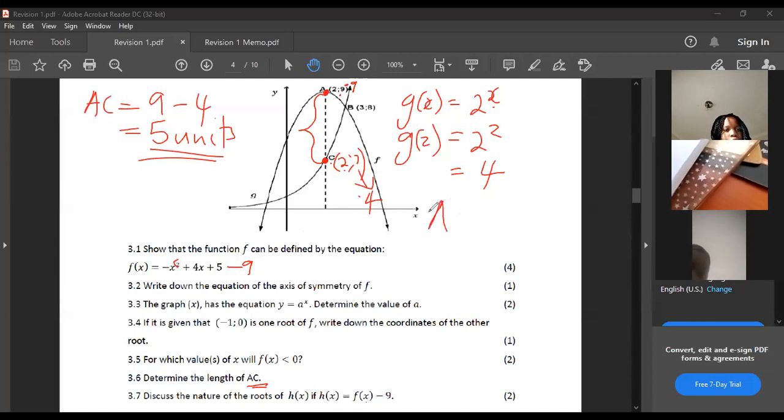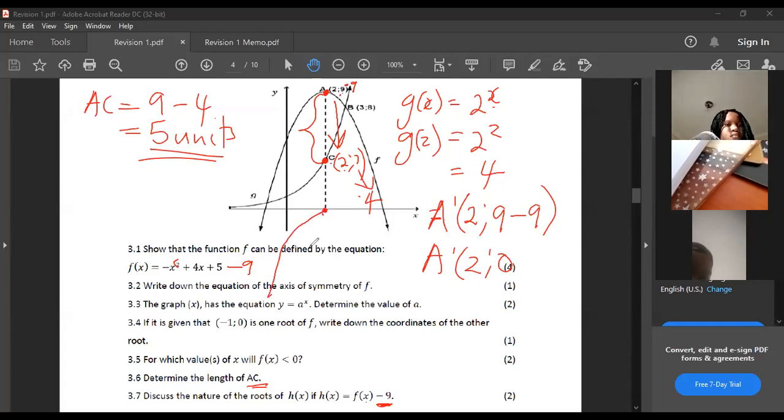Let's call the coordinates of the new turning point A prime. It will be 2, 9 minus 9. So what are the coordinates here? It will be 2 and 0. It moves vertically down 9 units. If it was at 9, it moves to here. So the graph is now like this, turning there.